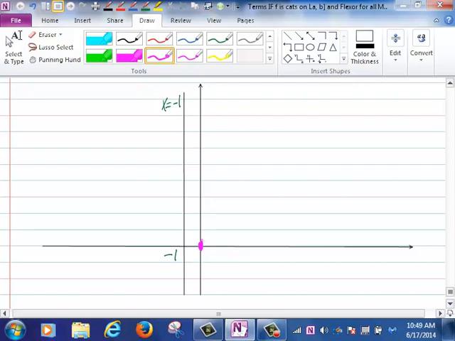Now, I have to determine what is happening to the left of 0. So where is the function increasing and decreasing? We know that on the left side of 0, the function decreases and it's concave up, right?